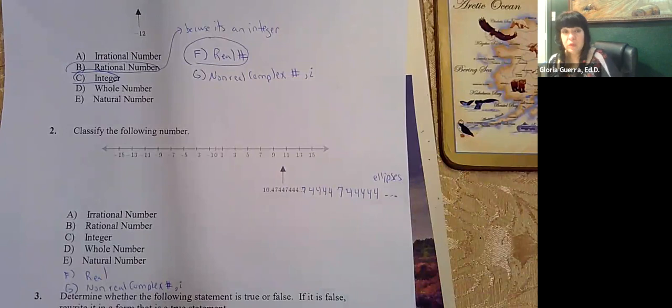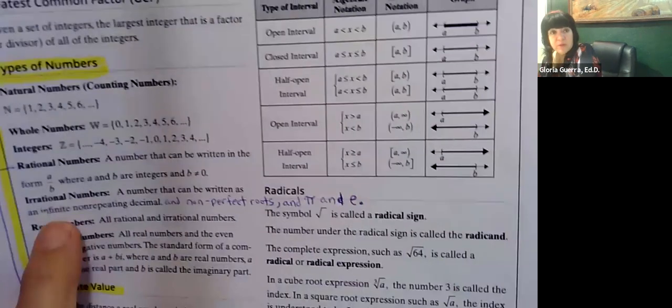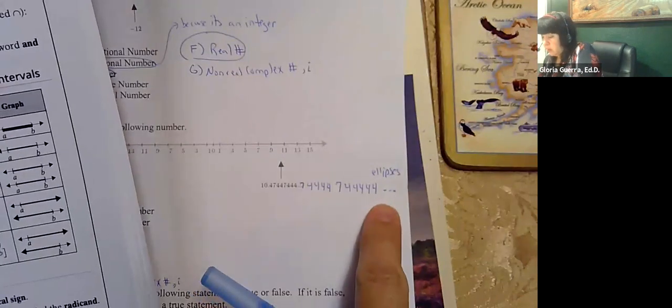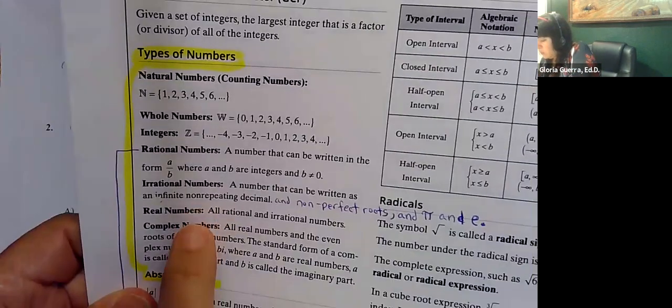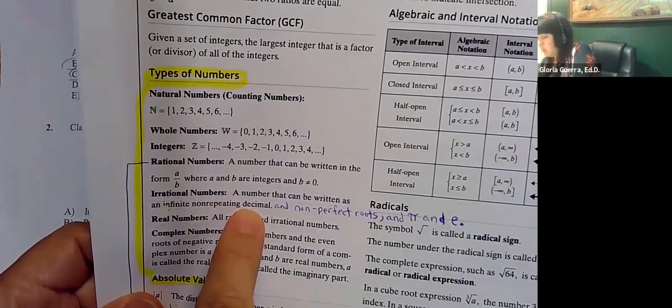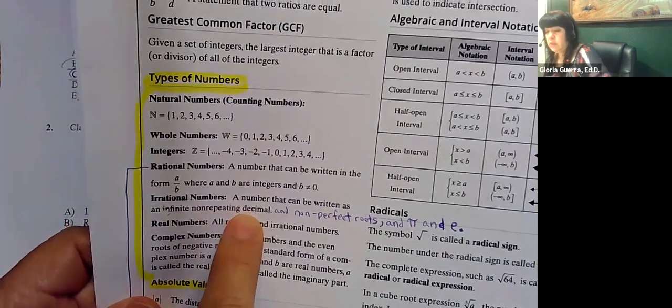Okay. So that is an example of a decimal that's considered infinite. Right here, see, infinite means it goes on and on and on. Infinite non-repeating decimal. Infinite non-repeating decimal.